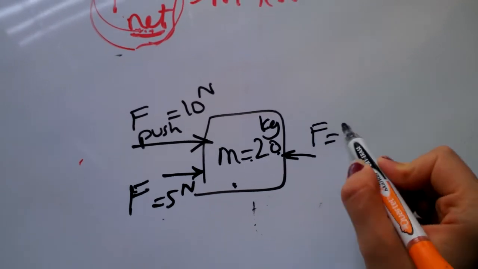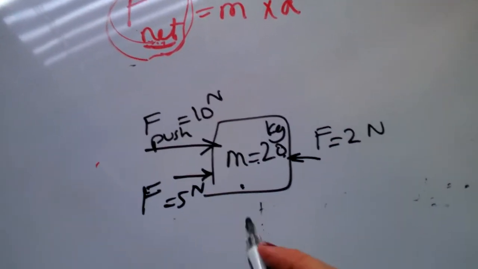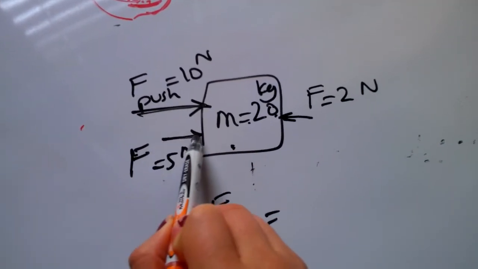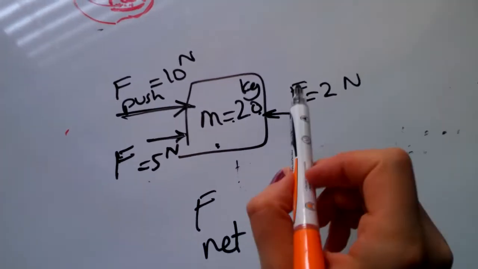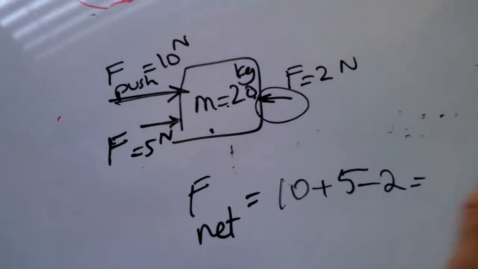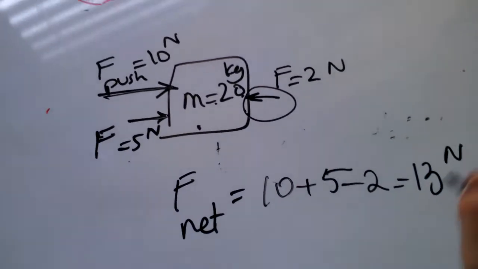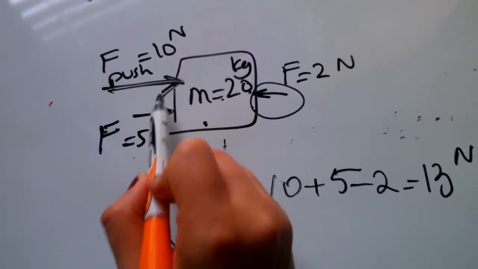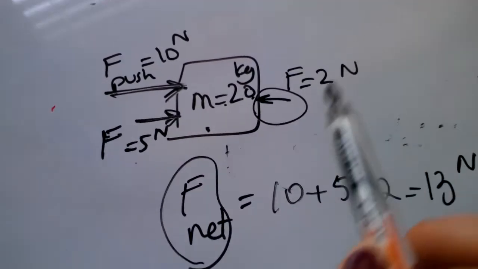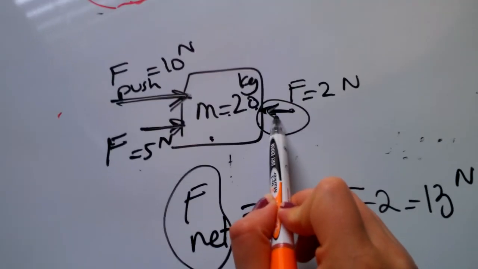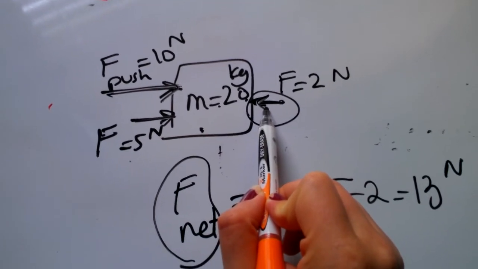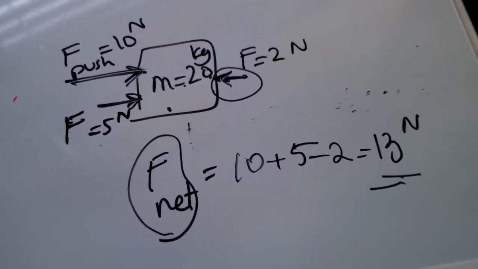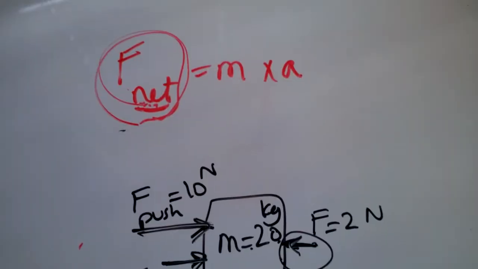He pushes it by 2 newtons. Net force becomes 10 plus 5 minus 2, right? So that gives you already 13 newtons. So net force means adding all the forces that are in the same direction and subtracting whatever forces are in the opposite direction. Okay? That gives you the net force. So that's pretty much what I wanted to stress about Newton's second law.